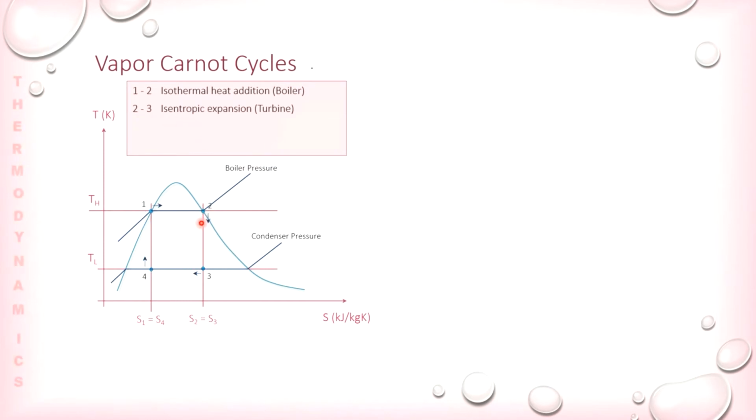Then 2 to 3 is the isentropic expansion in the turbine, where it undergoes a drop in pressure and temperature from the higher temperature region to the lower temperature region. From the turbine, work is extracted, so you have work output, work done by the system. From here you have heat supply, and the work is converted to electrical energy.